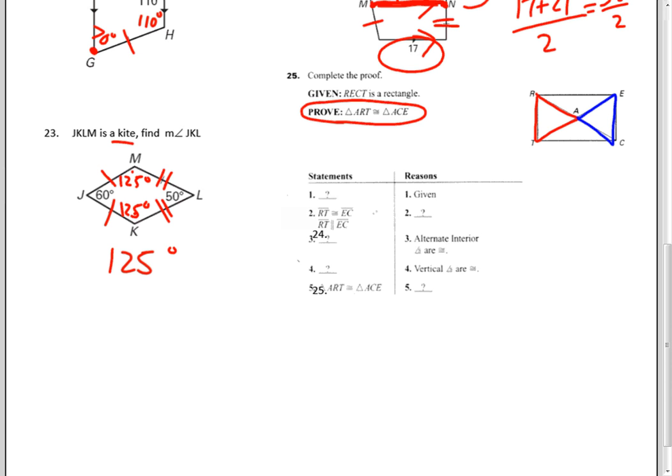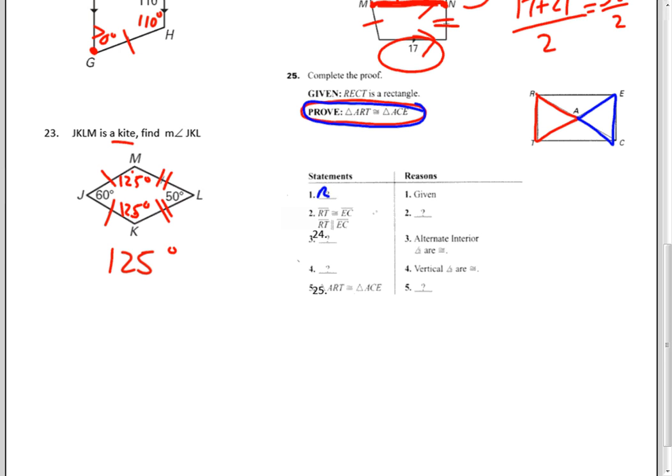When you are filling in pieces of a proof, you've got to look at what your end result is trying to accomplish. So everything in here should lead you to that. So we're interested in the angles that are inside of there. ART is there, ACE is there.